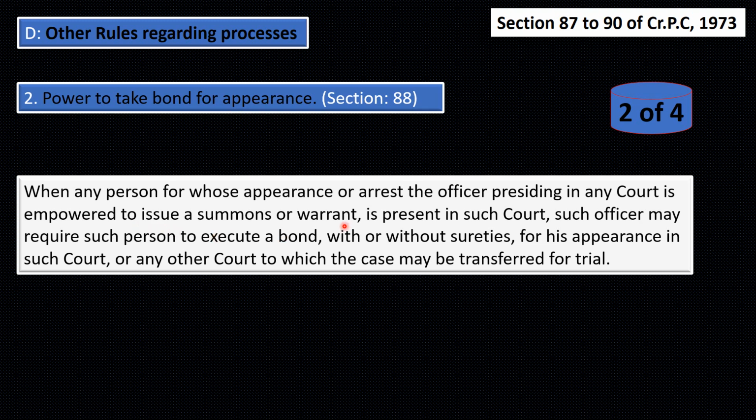And the second and the most important point in section 88 is that such a person may be required to execute a bond with or without sureties for his appearance in such court. And the third thing, it is also applicable in cases where the courts of other jurisdiction have issued such warrants.